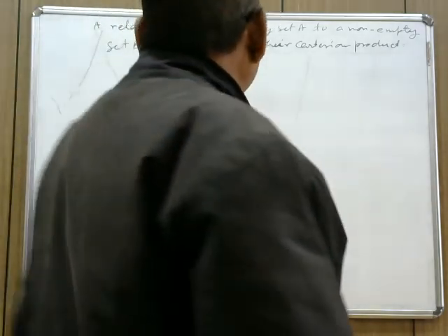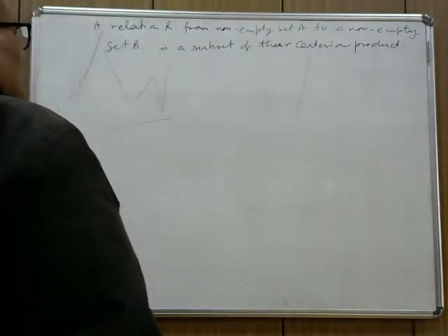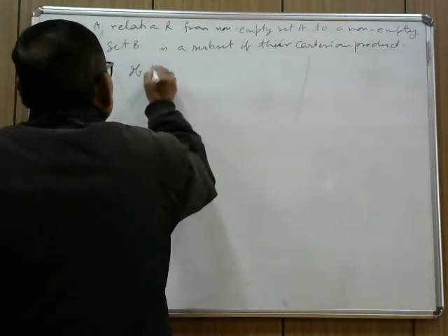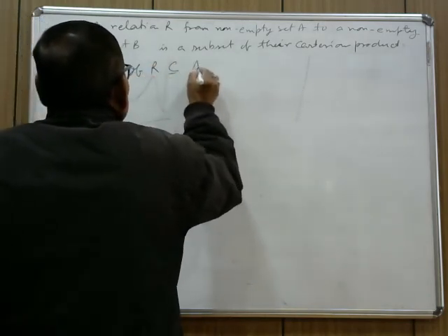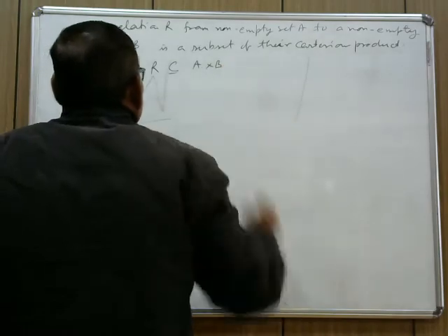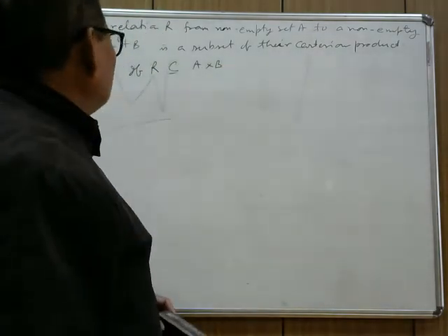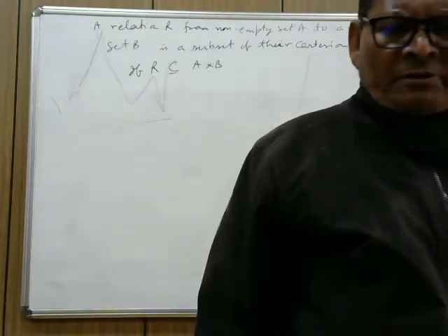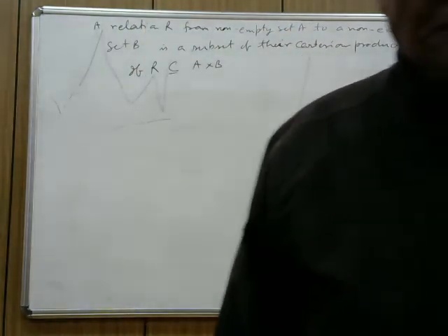If this kind of thing is there, then we say that if R is a subset of A cross B, then we say that R is a relation from set A to set B. That's all for today.